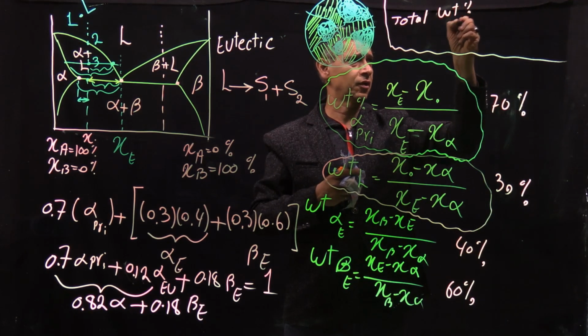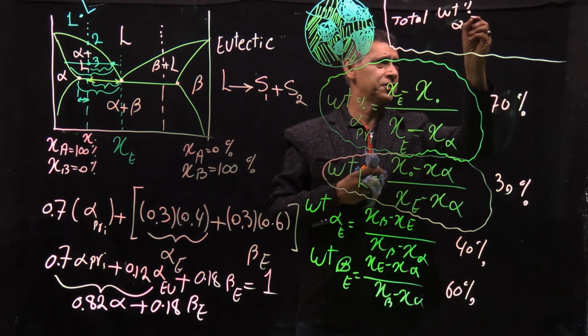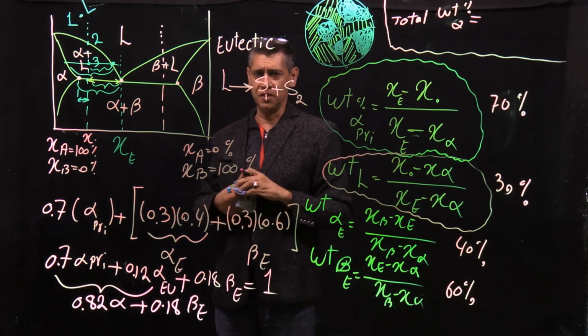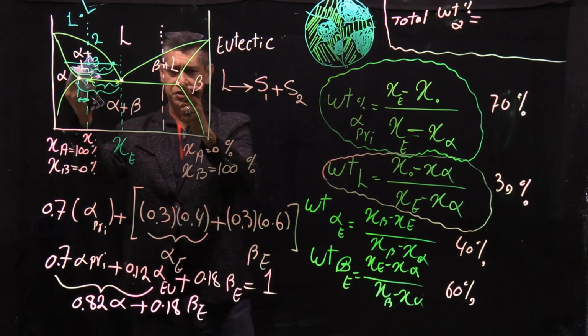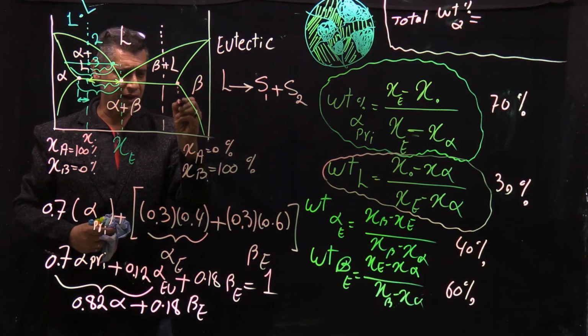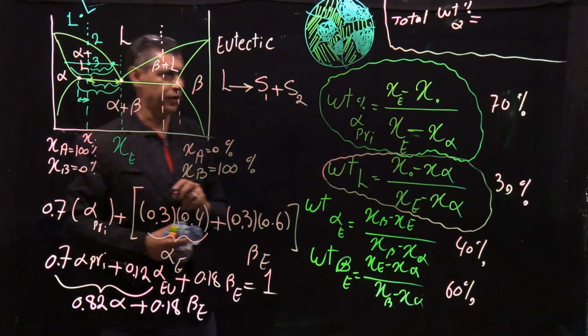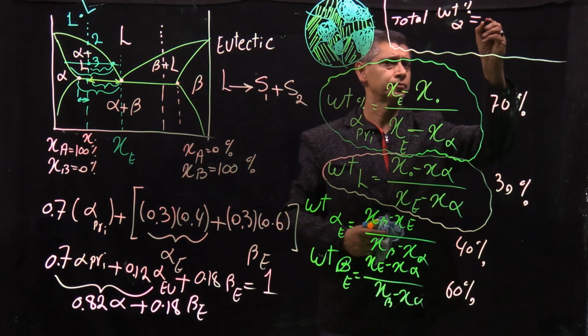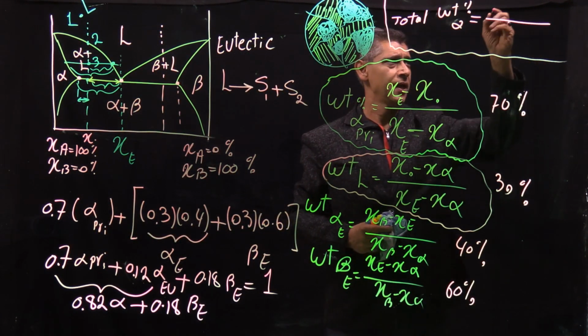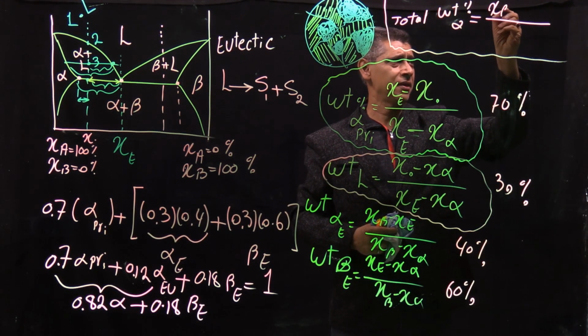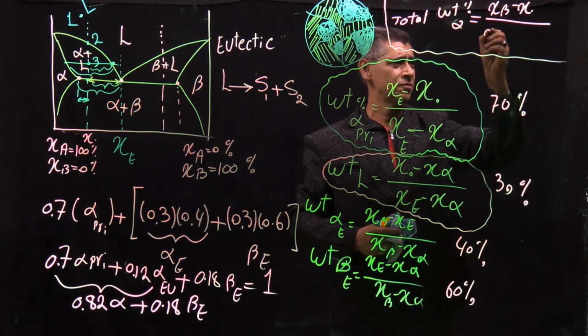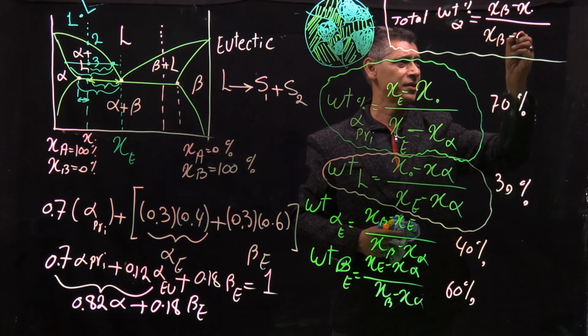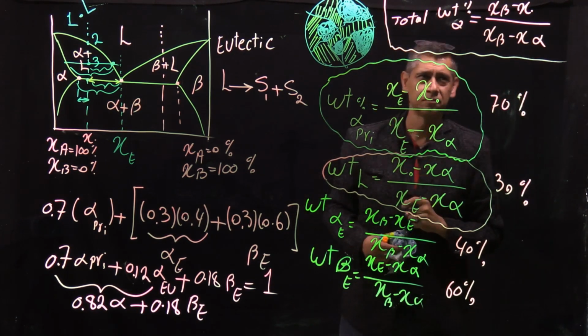Weight percent of alpha, that is equal to the inverse lever law, which is this guy. So imagine this value and this value, we talk about it. It's equal to x beta minus x sub 0, over x beta minus x alpha.